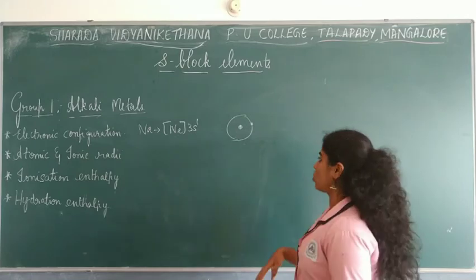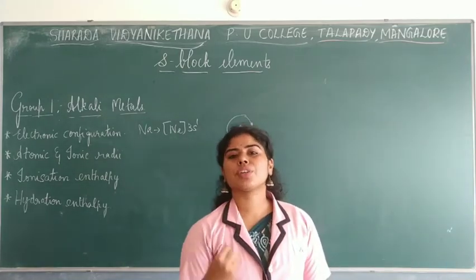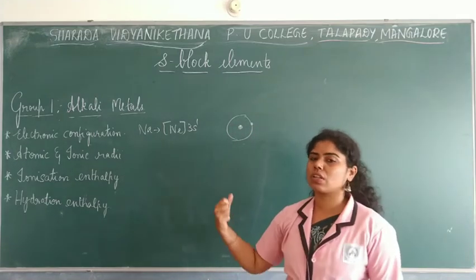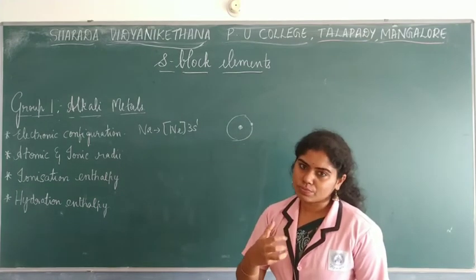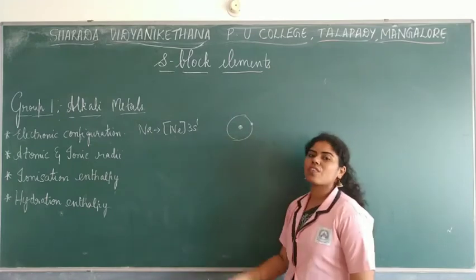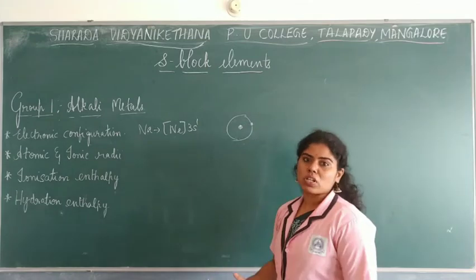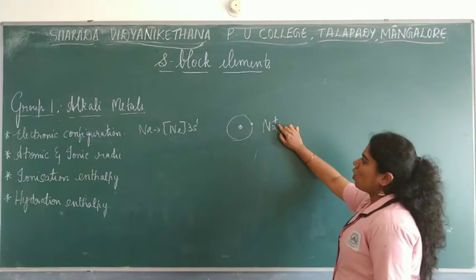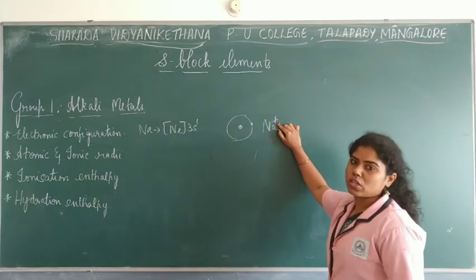If there are two or more electrons present, you require more energy to remove them from the outermost shell. But if you have one single electron in the outermost shell, it is very easy to remove. Because of this removal of one electron, they usually form monopositive ions. That means Na plus, where only one electron is lost, and that's why we say monopositive ions.